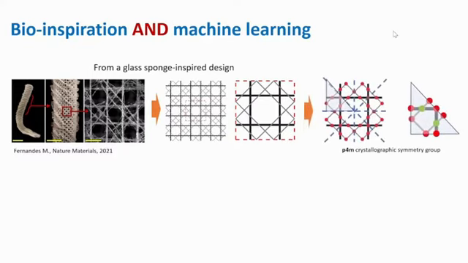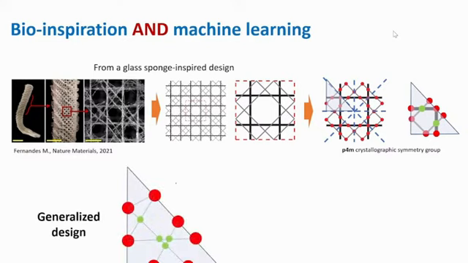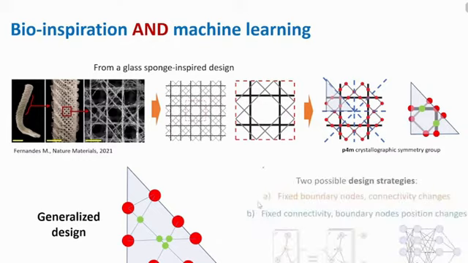From the observation that this design has a cubic symmetry, as you can see here, P4M crystallographic symmetry, we generalized the design to have some nodes, the red nodes on the boundary and the green nodes inside. Then you isolate this triangle of cubic symmetry, and then you obtain the material and generalize the design.